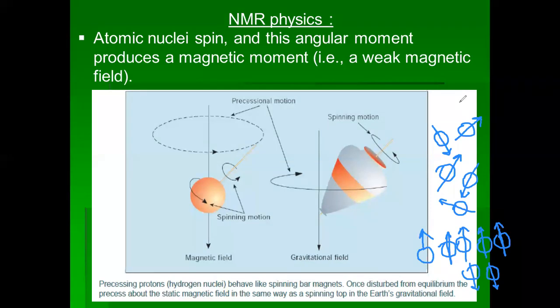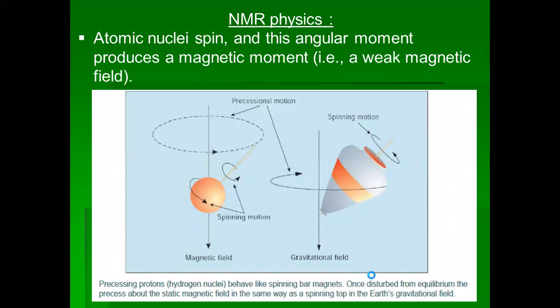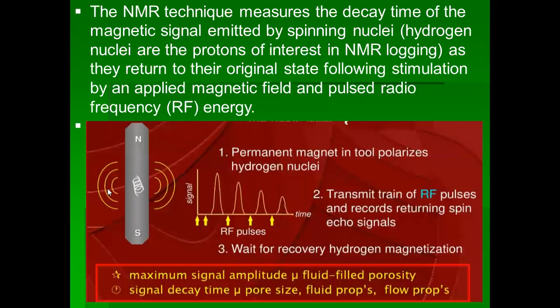So the first step is applying a polarizing field. This polarizing field will make a larger alignment of protons, with a large number of protons spinning parallel to the applied polarizing field, and a minor number of protons spinning anti-parallel to the applied magnetic field.